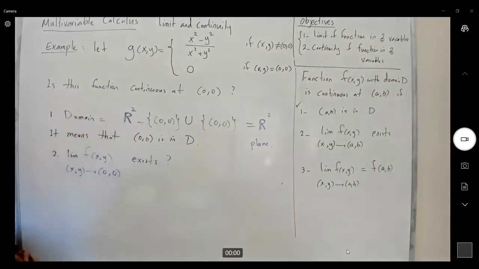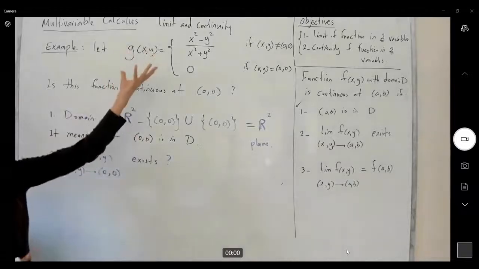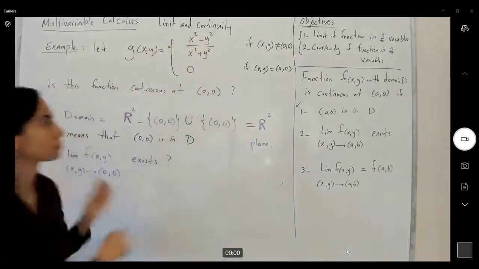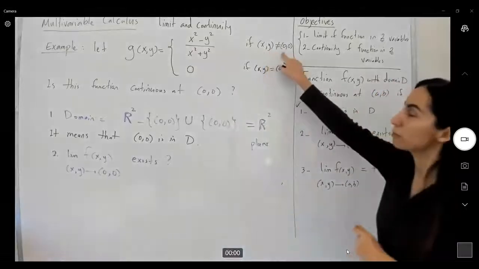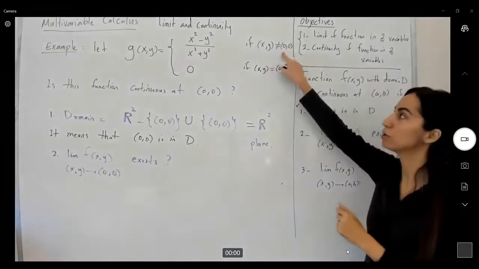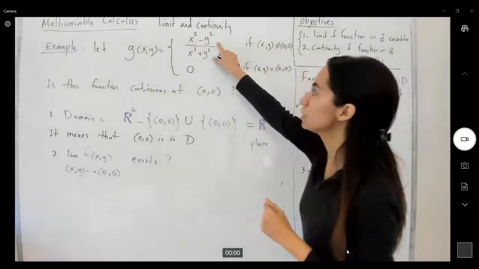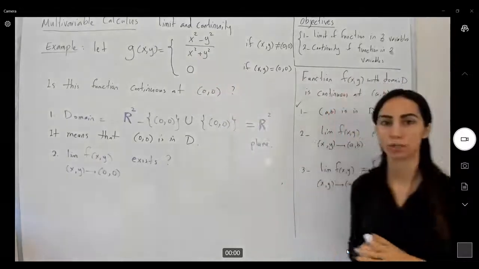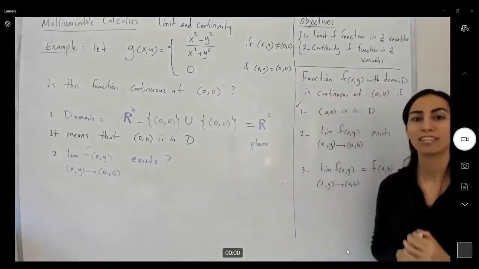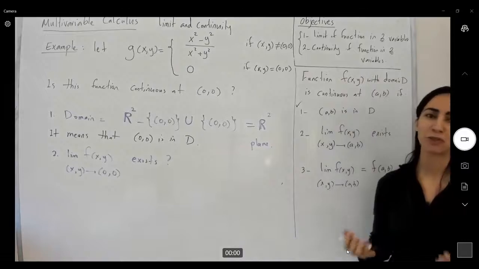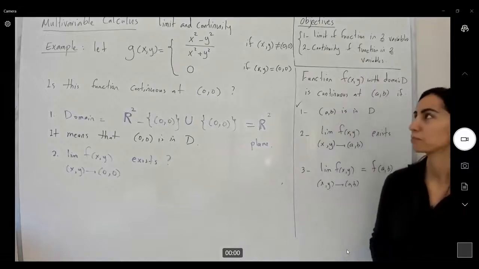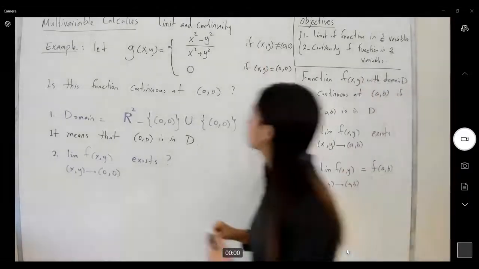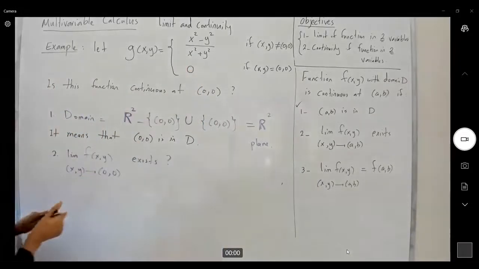Remember that when we have a function like g of x and y, which is defined this way, nearby points to 0 and 0 have definition x squared minus y squared divided by x squared plus y squared. To analyze the limit of the function, we use a general path. This is not a nice function. We have to be careful about 0 and 0.